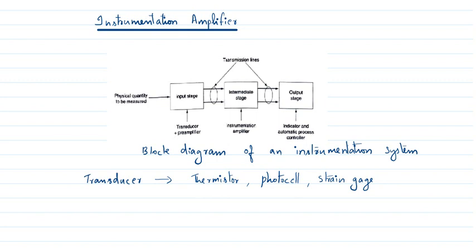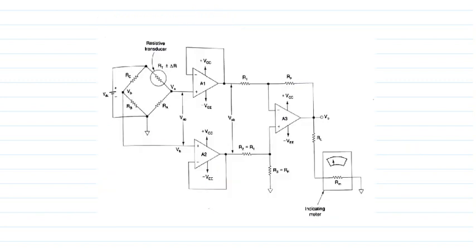In the next figure you can see the first part. This portion is a balanced bridge, and two op-amps are given here, to which we give the balance voltages: VA to the first amplifier A1 and VB to the second amplifier.